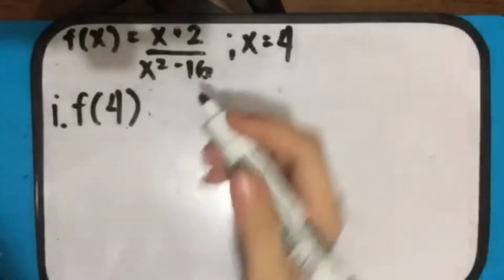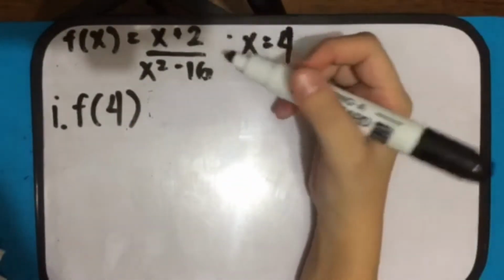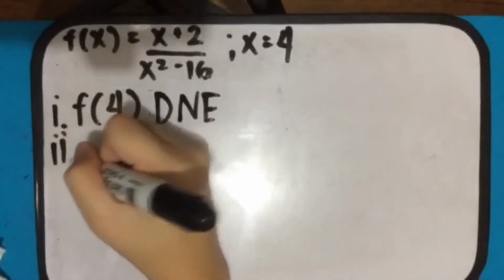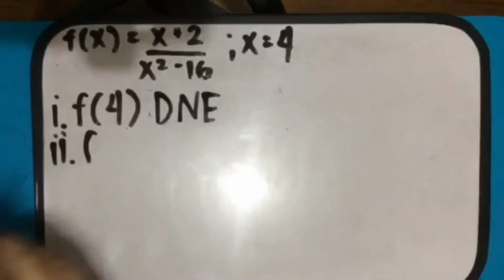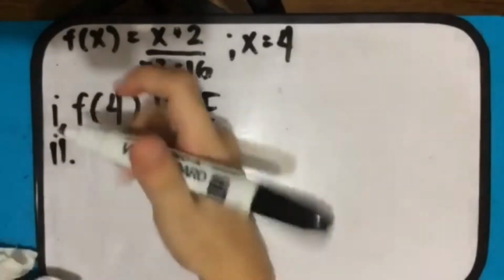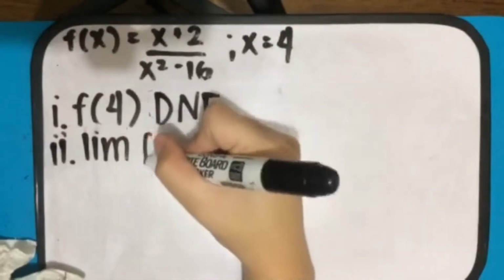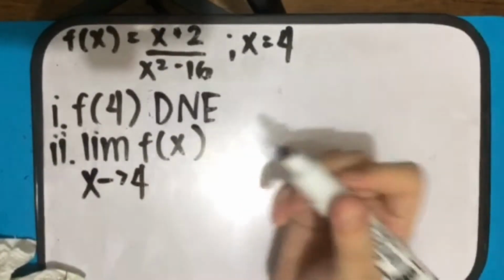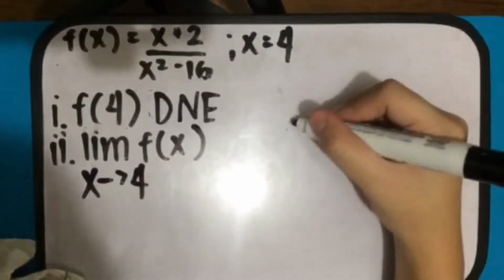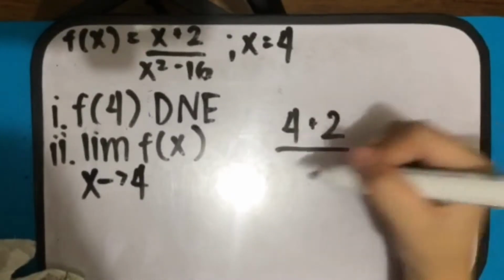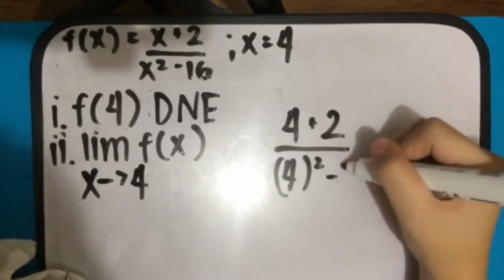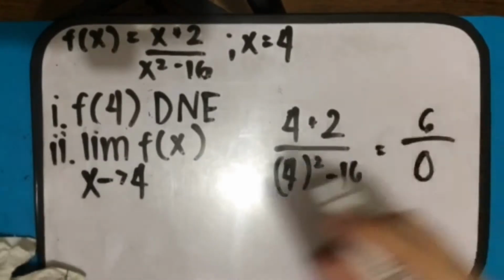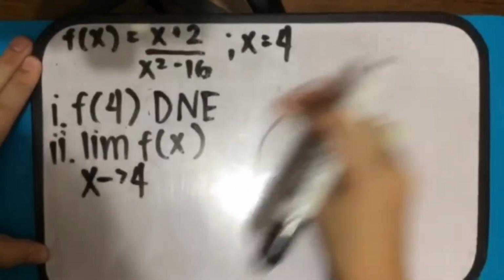We can say that this function is discontinuous, but let's try the second condition. The limit of f of x as x approaches 4, substitute, it is also undefined, so the limit does not exist.